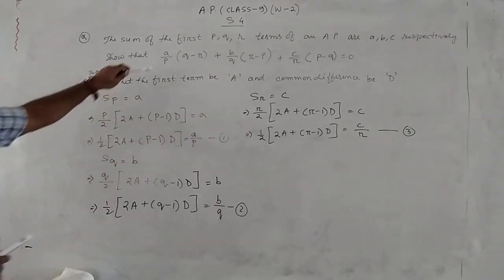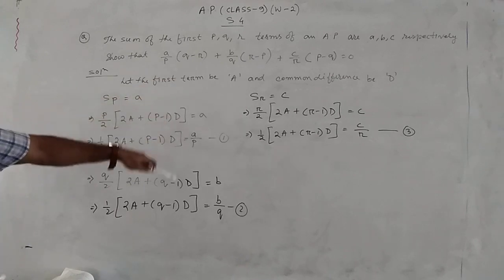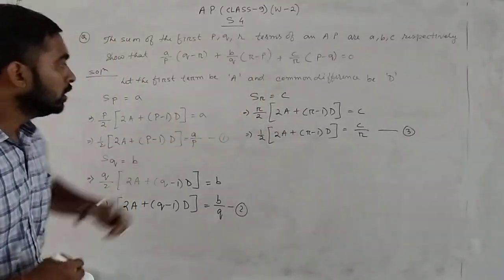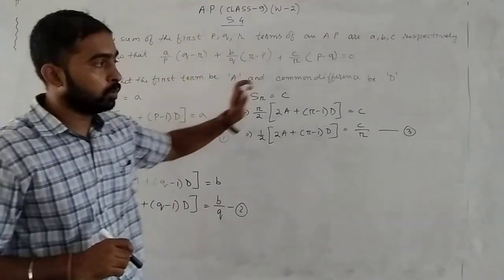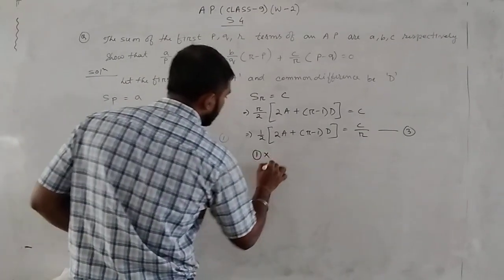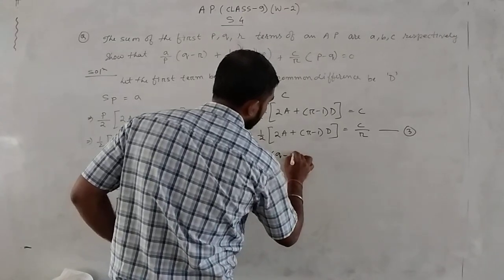Now see here A by P with another term, that is Q minus R. B by Q with another term R minus P and C by R with P minus Q. We have to add them because the symbol between them is plus. So we have to add them but not directly. Here we have to multiply equation 1 with Q minus R. Yes.